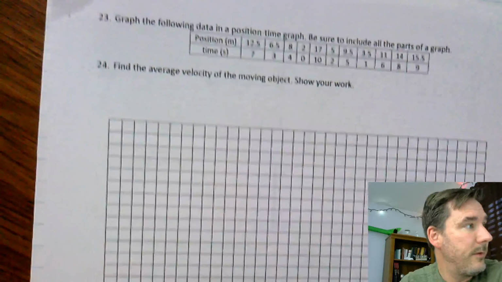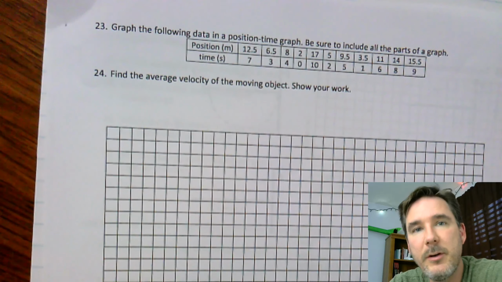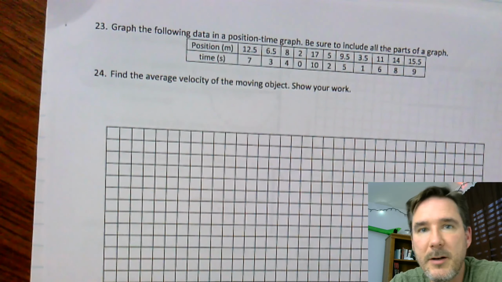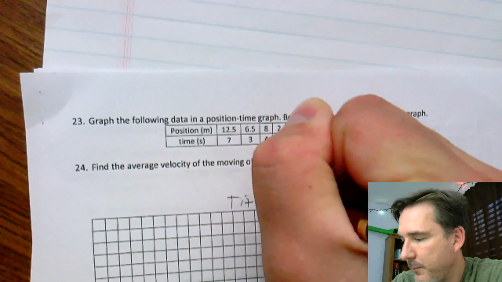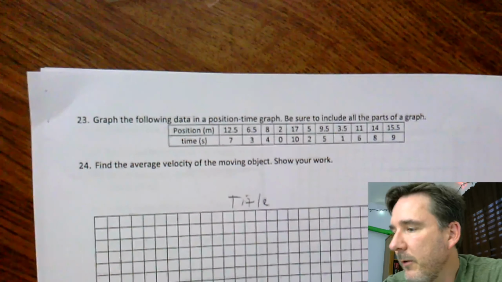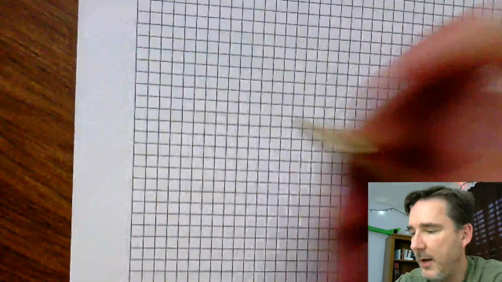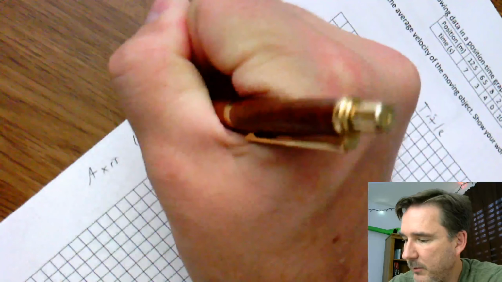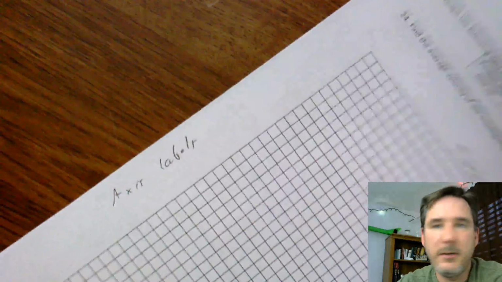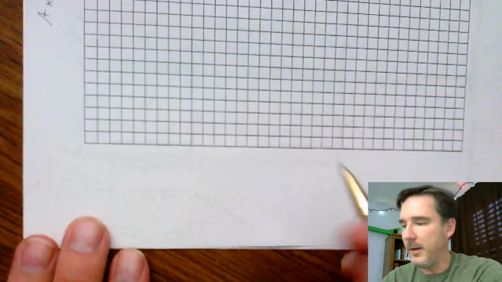Now, for question 23 and 24, graphing these, especially 23, make sure you know the general rules about graphing. You should have a title. You should have axis labels, including on the x-axis too.